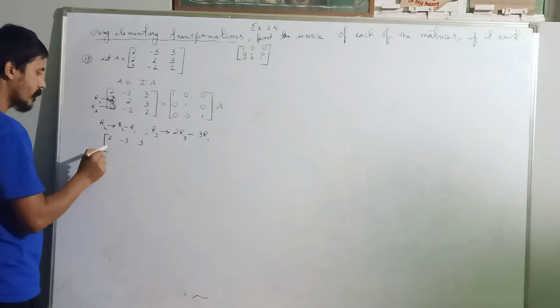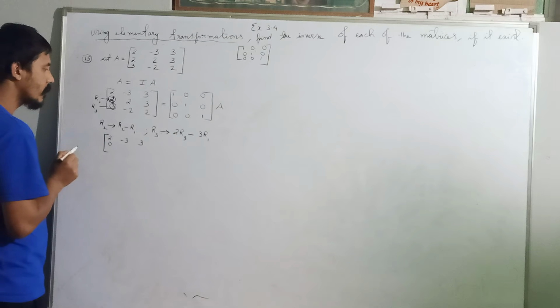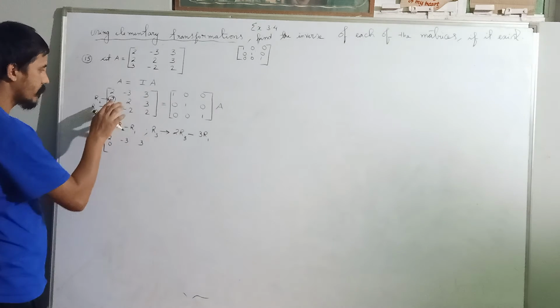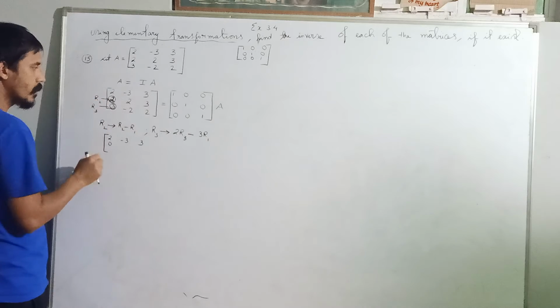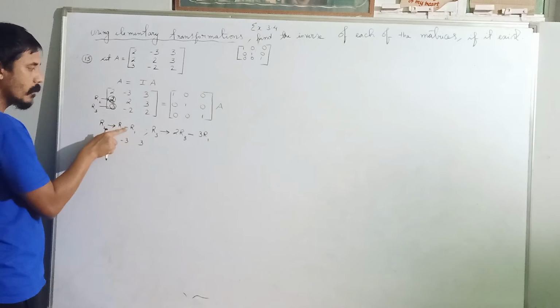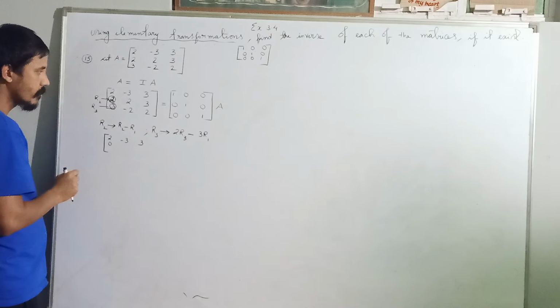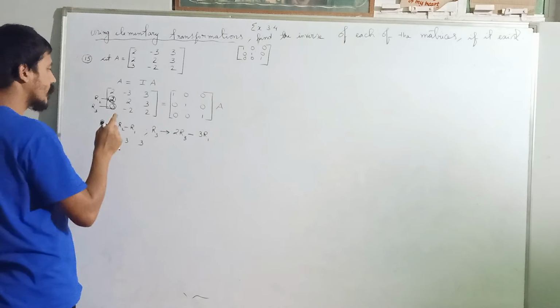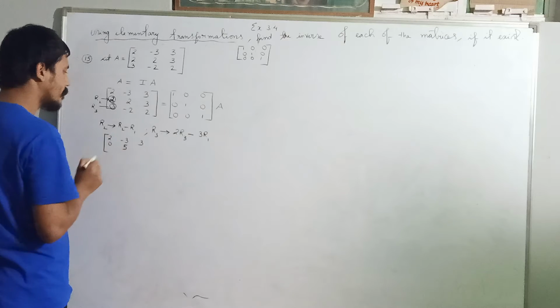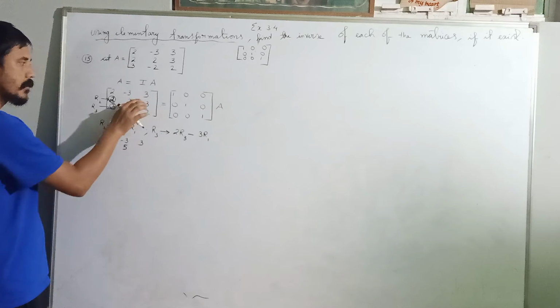This would be 0. If this is 0, then this would be 2 minus of minus 3, that is 5. And then 3 minus 3, 0.